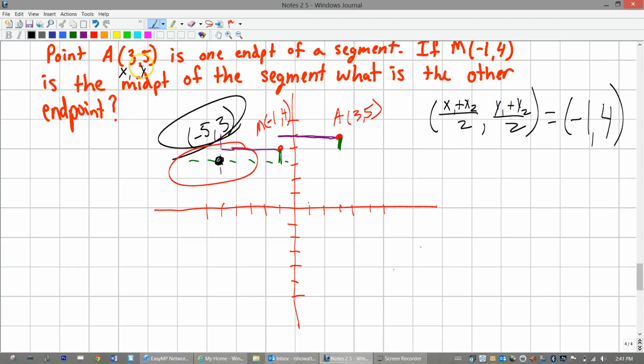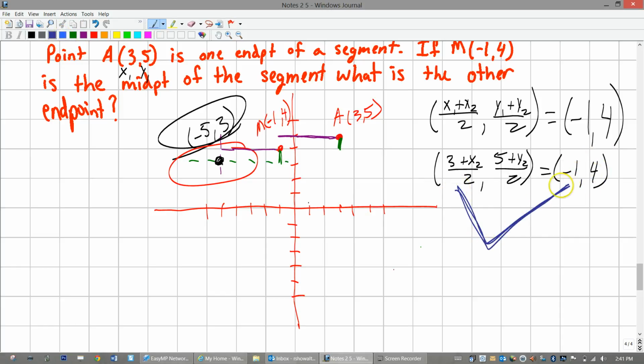So we can put 3 and 5 into those spots and fill in the rest of the stuff that we don't know and keep them as variables. You get one equation from that to represent the x's. (3 + x2)/2 = -1, that you can solve. That's an equation you can solve.